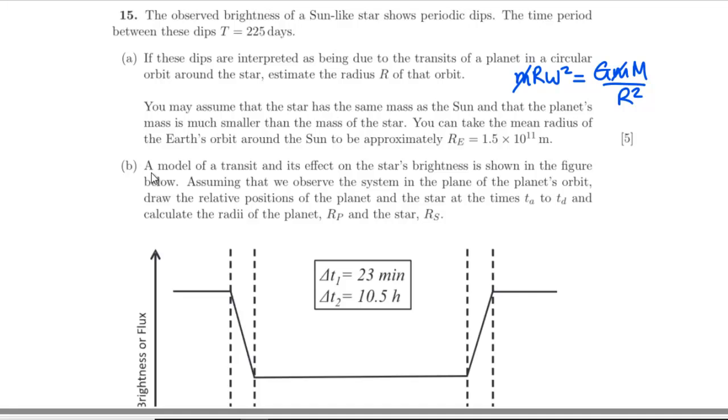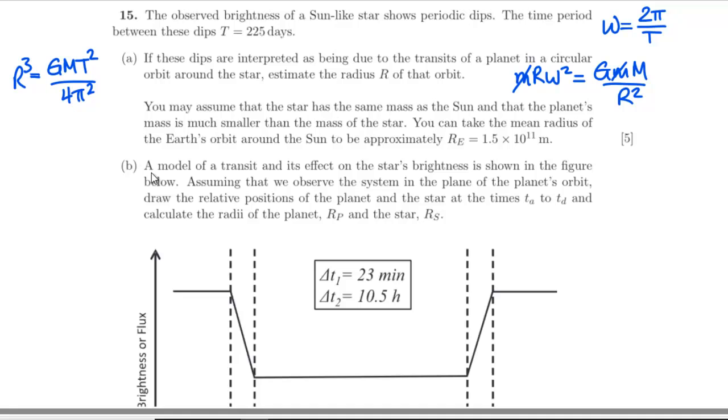And we can also say that omega is equal to 2 pi f, 2 pi over T. That's our omega. So R cubed is going to be equal to GM multiplied by T squared over 4 pi squared. So that is that.